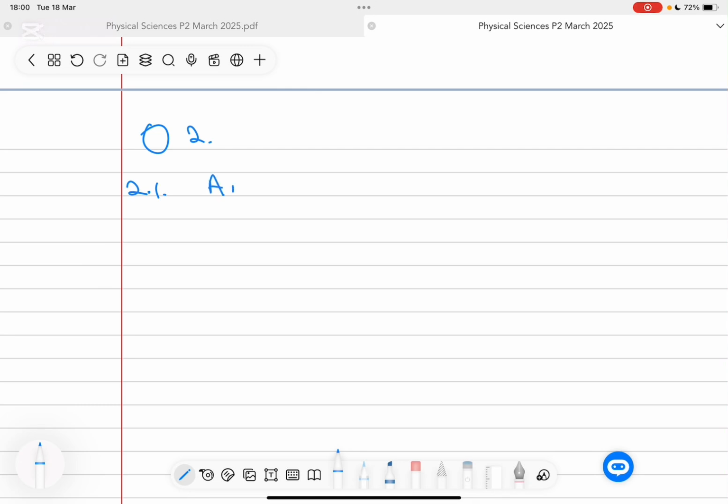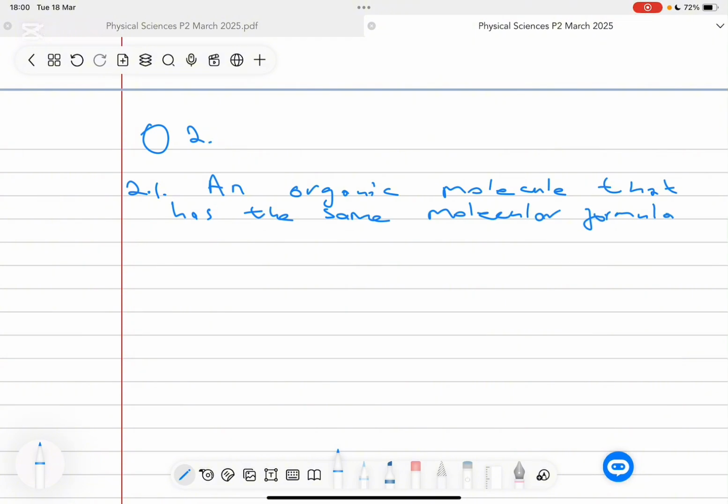A functional isomer really is an organic molecule that has the same molecular formula but different functional group.